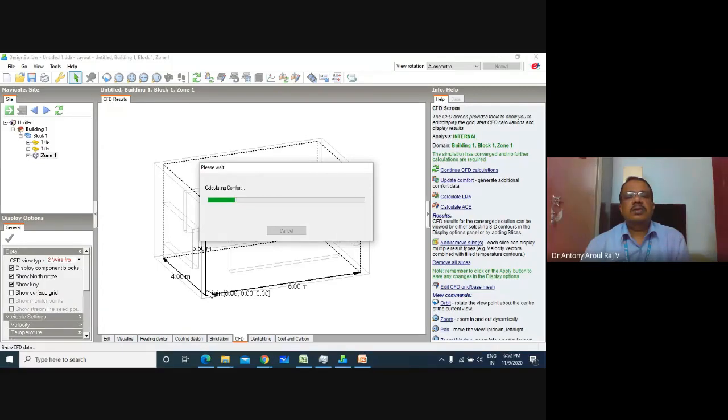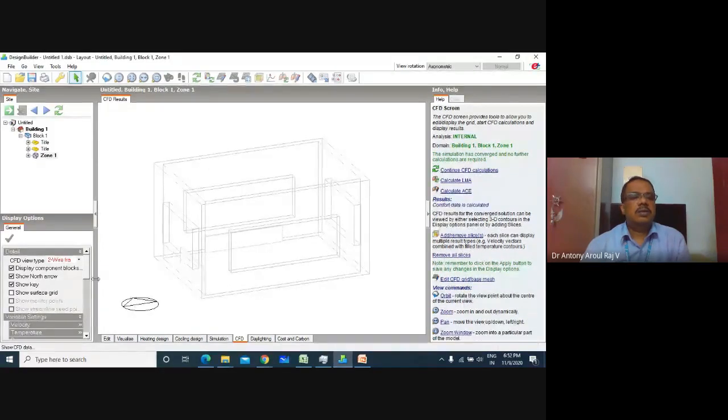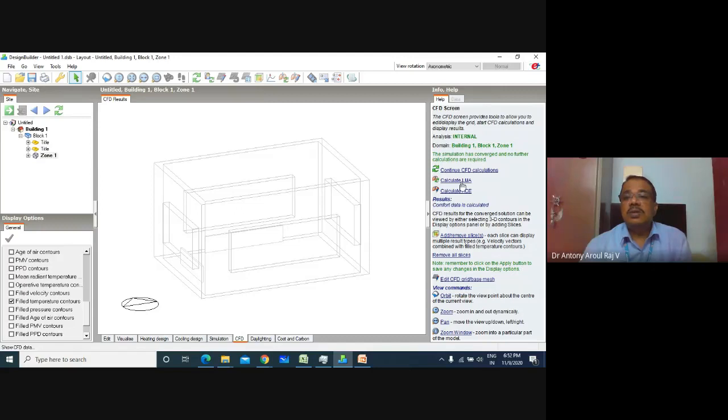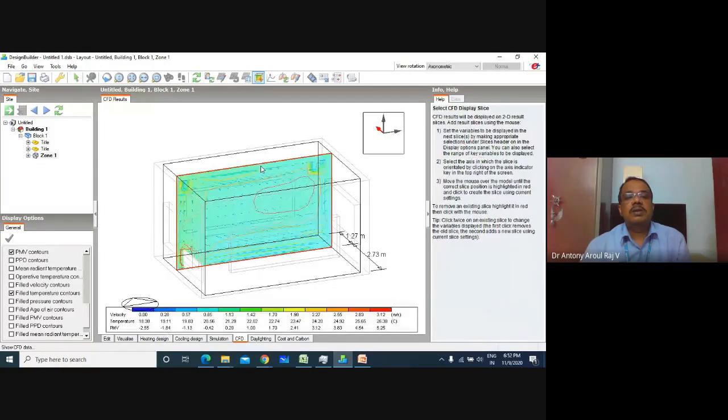Here you can see PMV, PPD contour, mean radiant temperature, operative temperature. I think these things we have come across already. After doing this comfort calculation, these contours are there, so now you can get the plot of PMV in the domain. Now I think one more thing is also on.